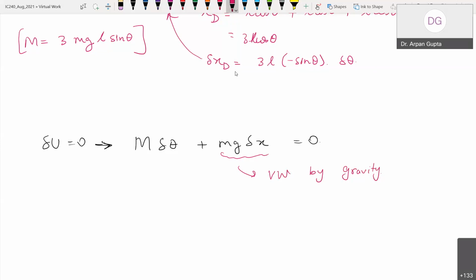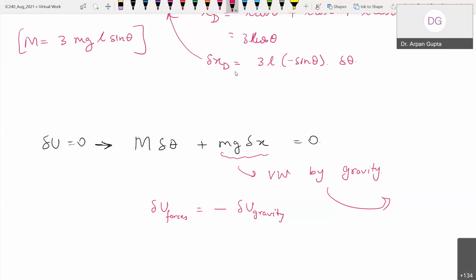Now, if I take this term on the other side of equality, this is the virtual work by external forces, which is equal to minus of the virtual work by gravity, right?